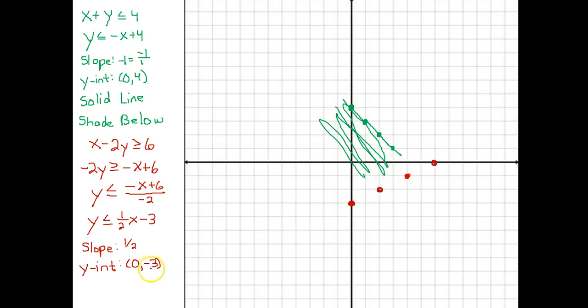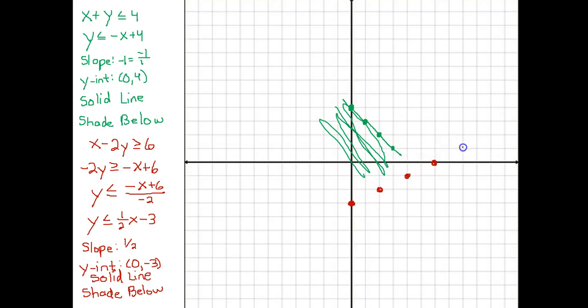All right, and another one, this is going to be a solid line. This is another one where we're going to shade below. All right, so I can see where this one's heading. So let me go ahead and extend a little bit.